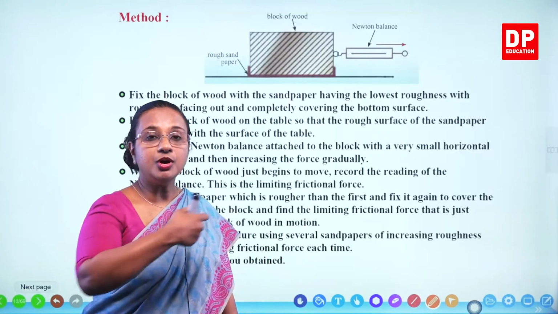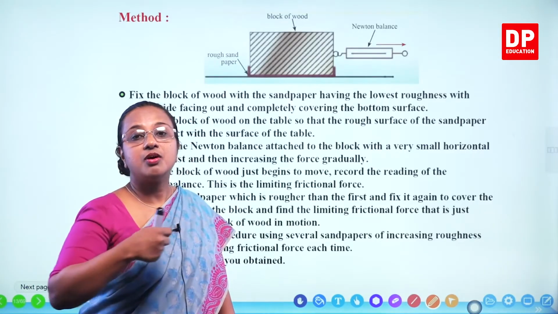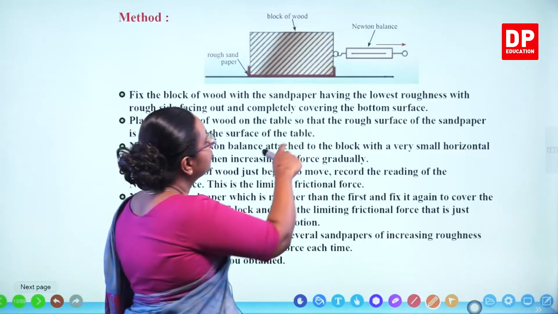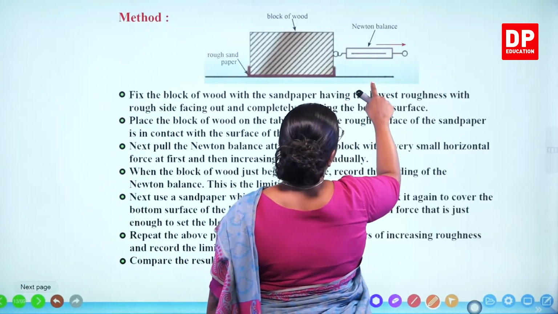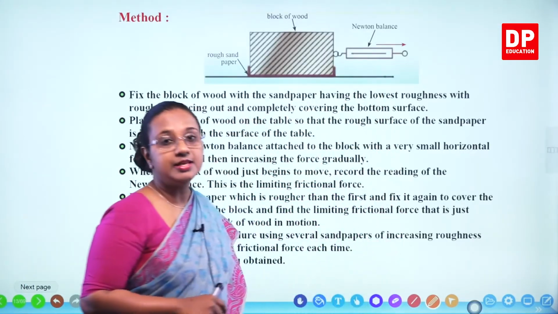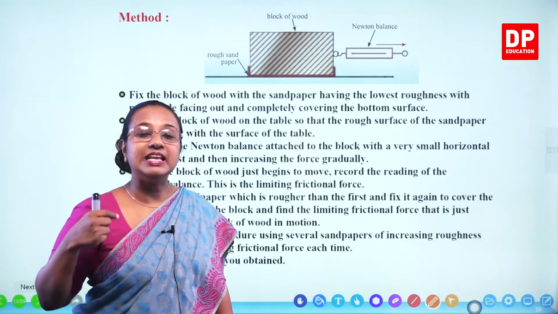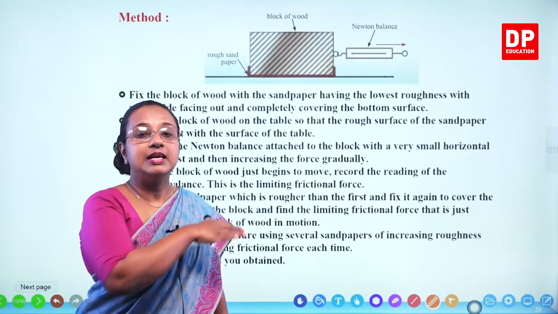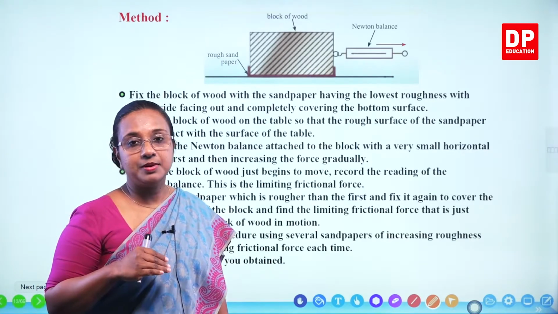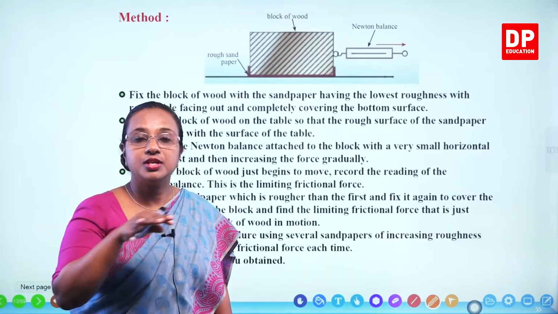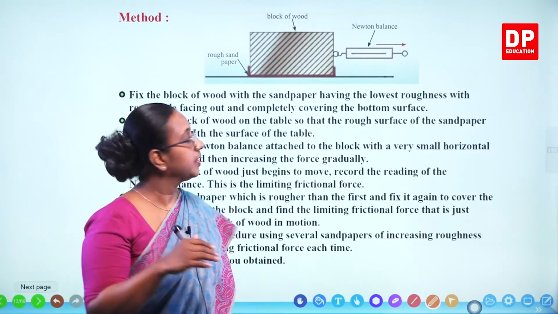And you have to pull the block with a horizontal force. The force has to be given parallel to the horizontal surface so that the block does not move in any other angles. It moves along the table when you apply a horizontal force.